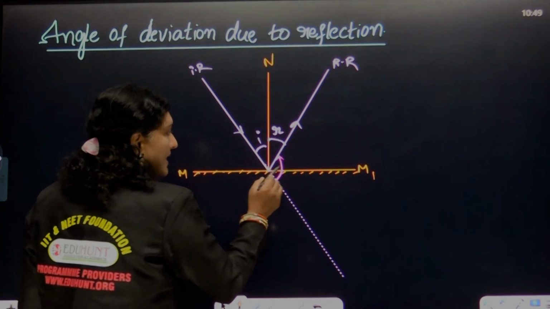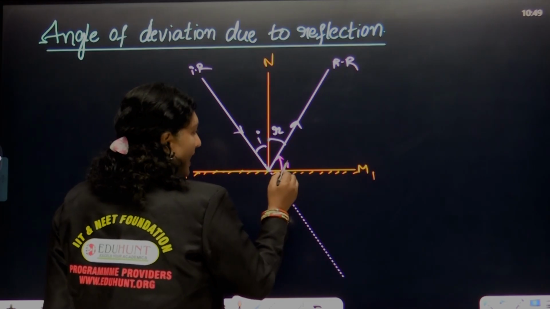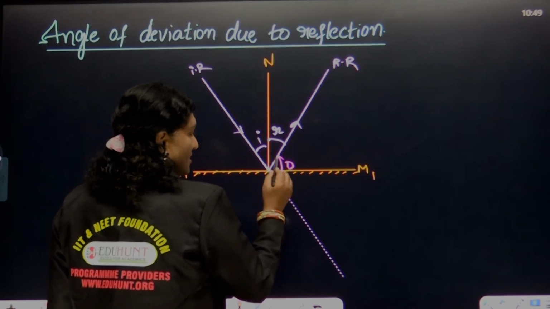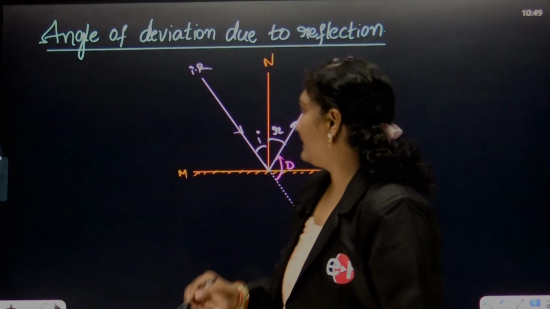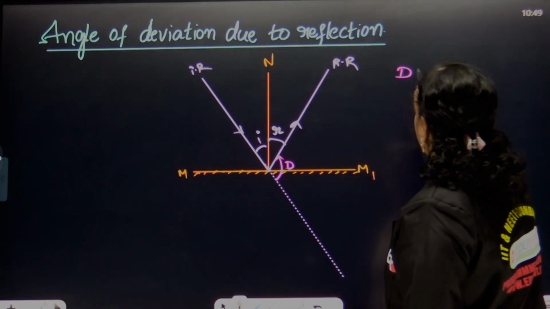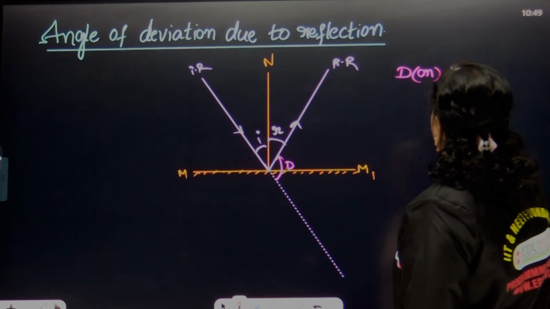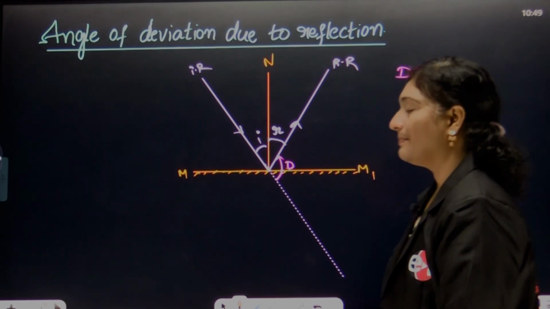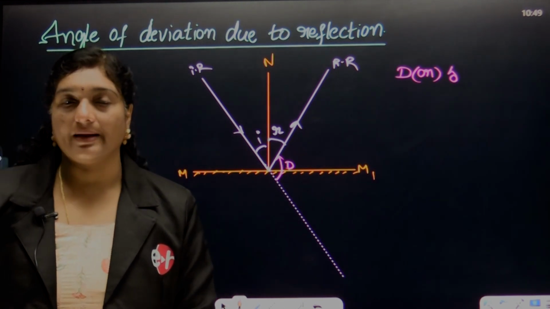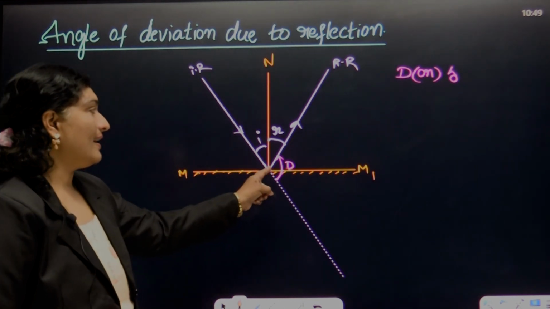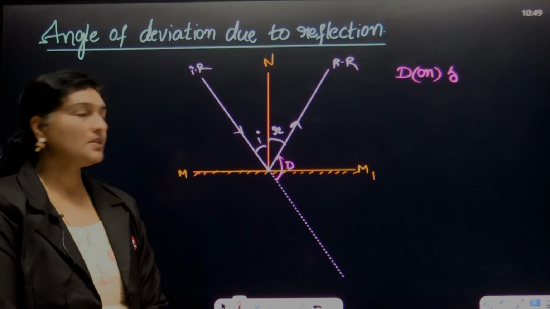So, this angle itself is called the angle of deviation, indicated with the letter D or delta. So, delta is also the symbol for angle of deviation. Now our main concept is to find out the value of D.